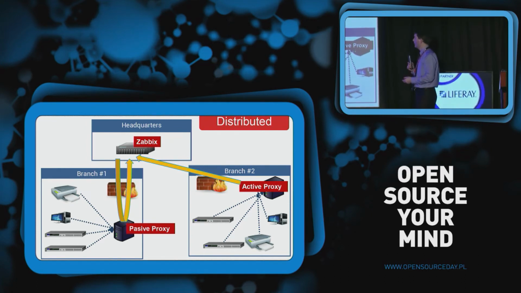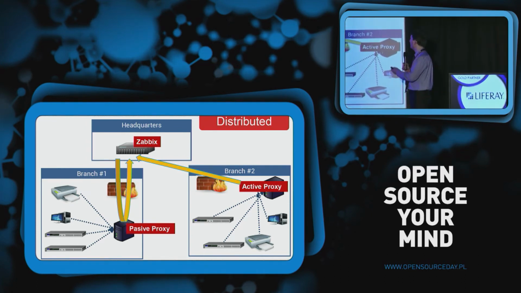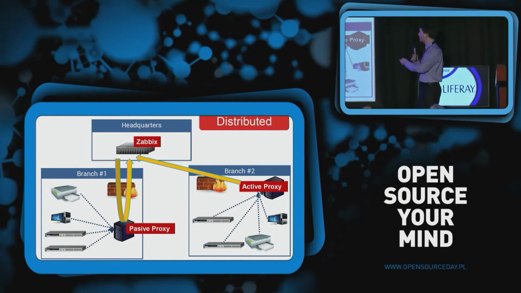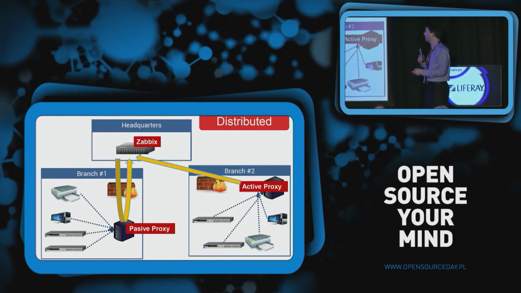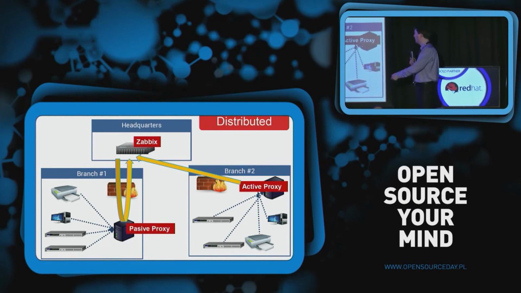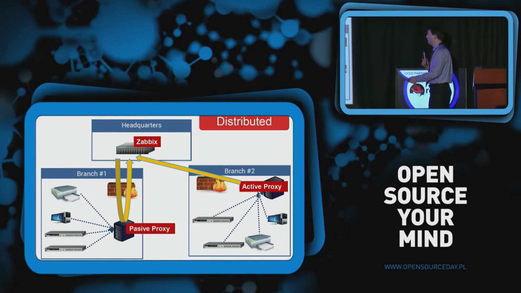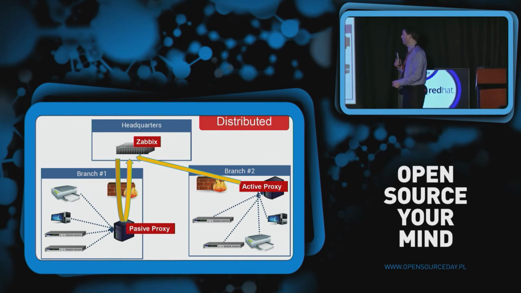In this case, we have a solution called distributed monitoring based on Zabbix proxies. It's kind of centralized distributed monitoring. For each location, we install proxies. So what is a Zabbix proxy?